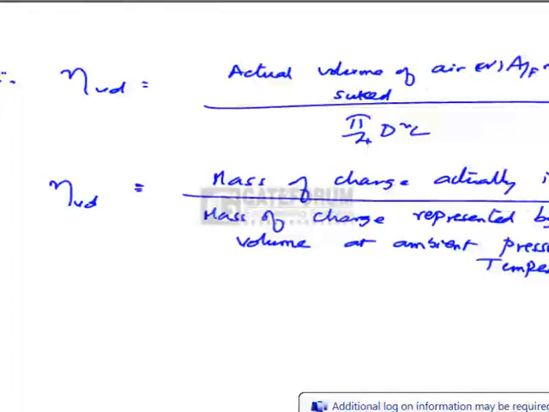Now let's do a problem given in GATE 1996 on IC engines.